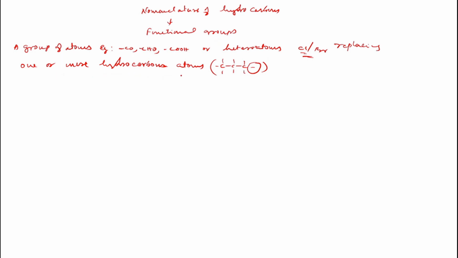Replacing one or more hydrogen atoms such that the valency of the carbon atom remains satisfied is called a functional group.